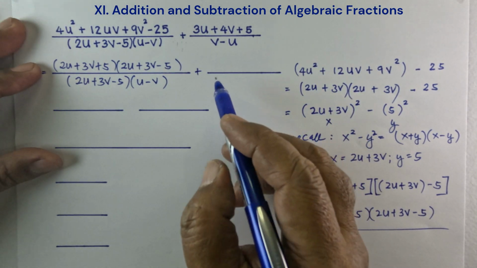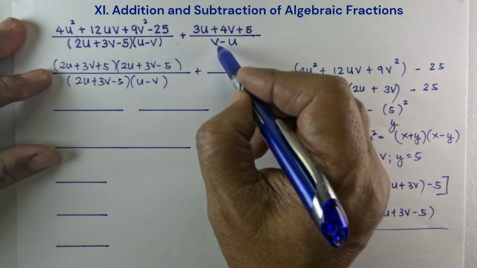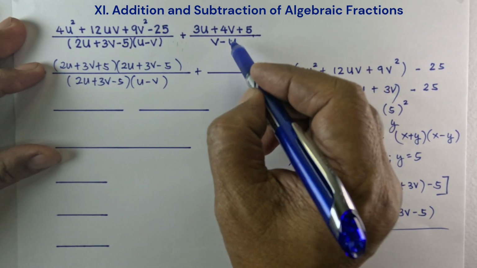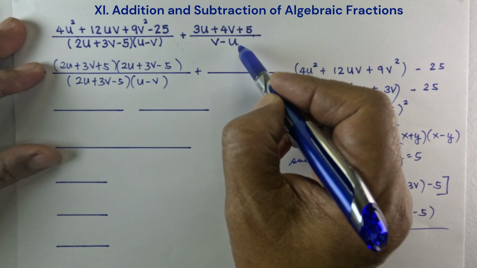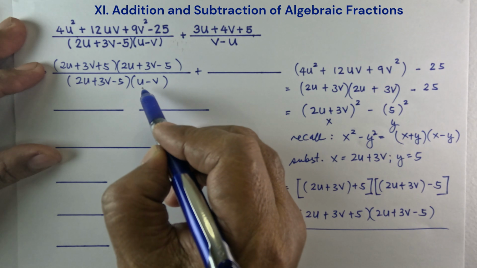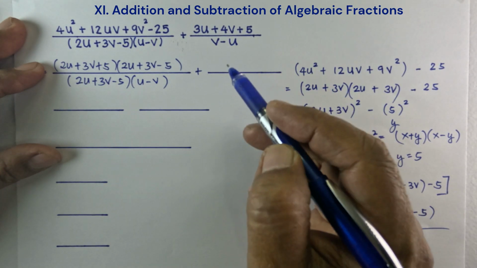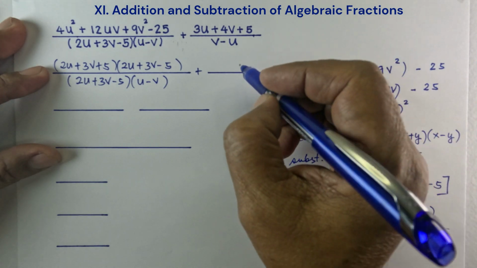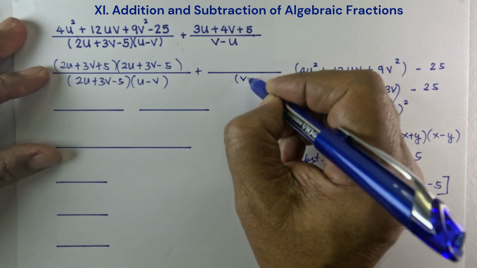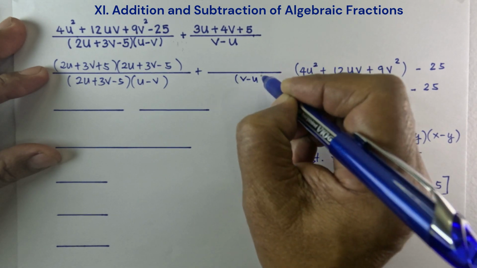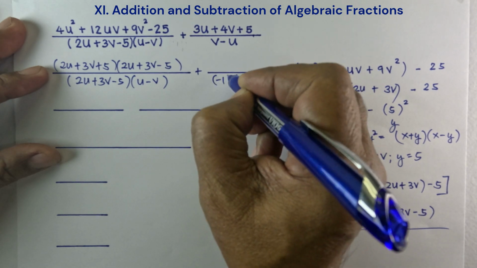now take note of this. We have here u minus v, and this one is v minus u. Now we can make this v minus u in the form u minus v by multiplying it by minus 1. So I'll write here v minus u. I'll multiply it by minus 1.